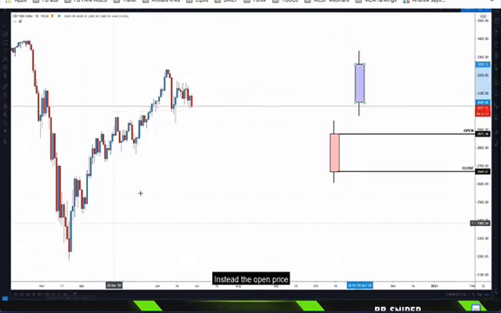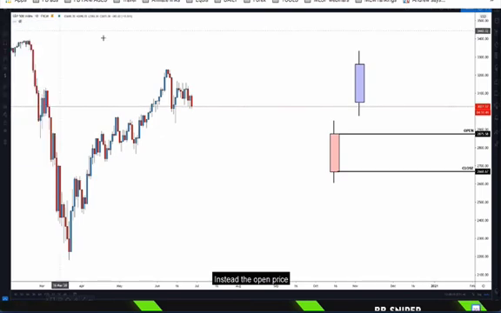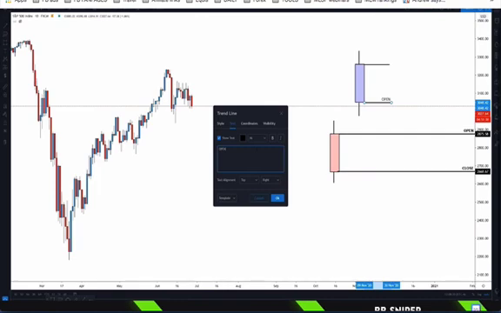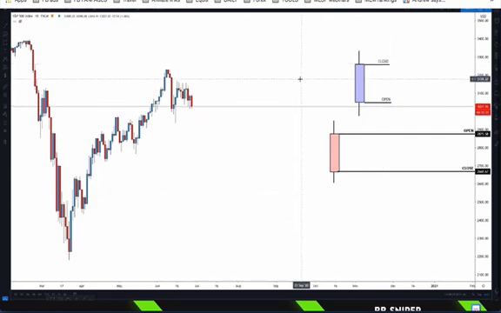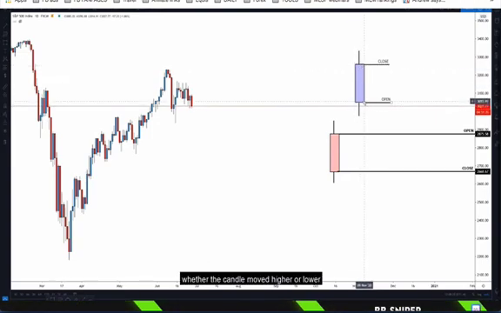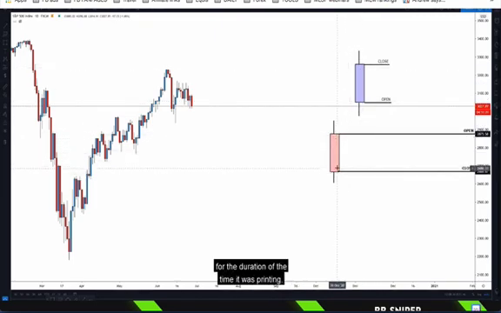Instead, the open price would be at the bottom of the body, and the closing price would be higher than wherever that candlestick opened. Sometimes you're only going to see a candle body, whether the candle moved higher or lower for the duration of the time it was printing.